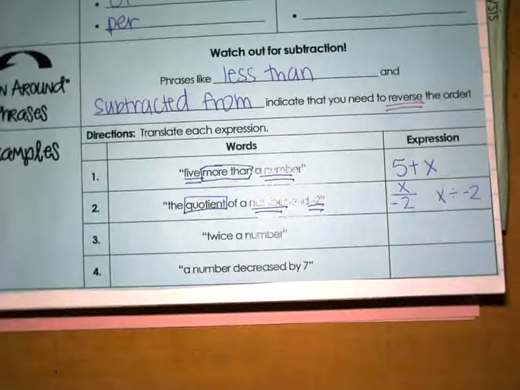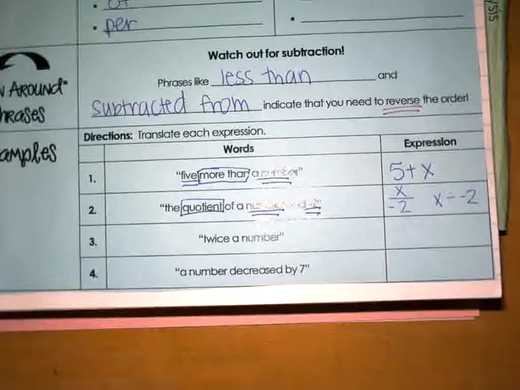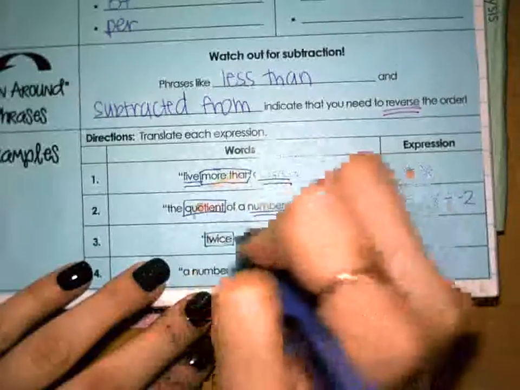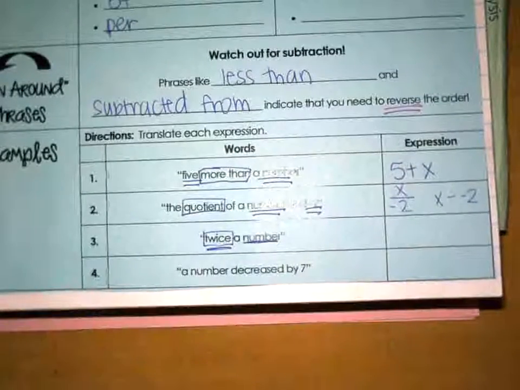It says twice a number. What'd we circle, everyone? Twice. What'd you underline? You should underline a number, and you should underline twice.